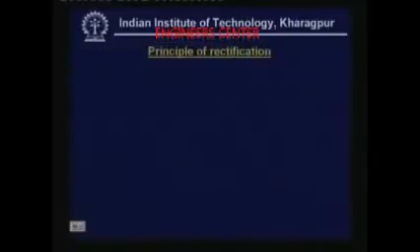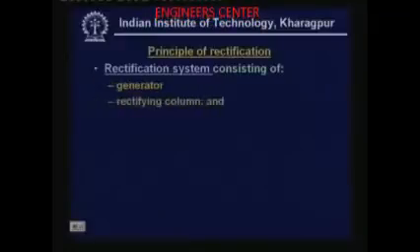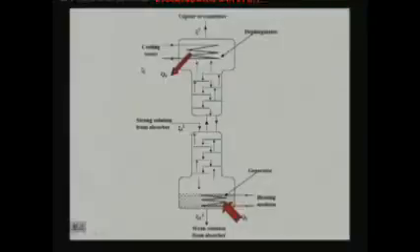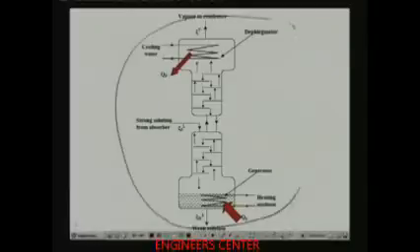Now let me explain the principle of rectification. As I explained already, the rectification system consists of a generator, a rectifying column and a deflagmator. Let me show the schematic of it. You can see that the whole thing is your rectification system.